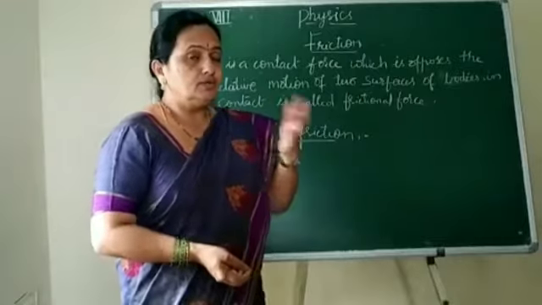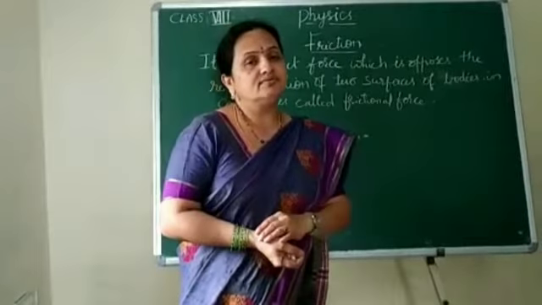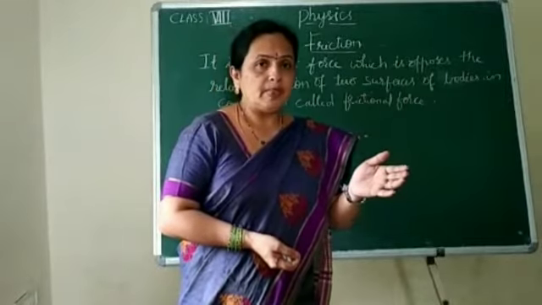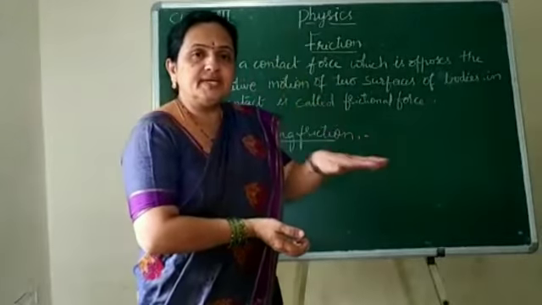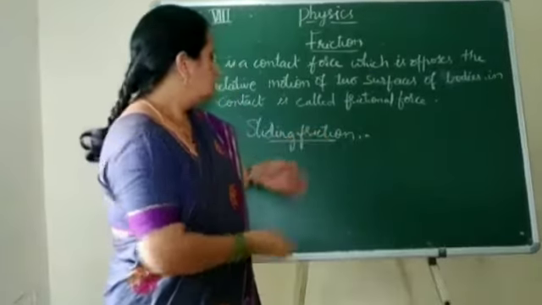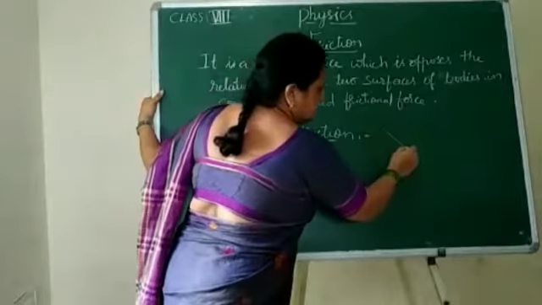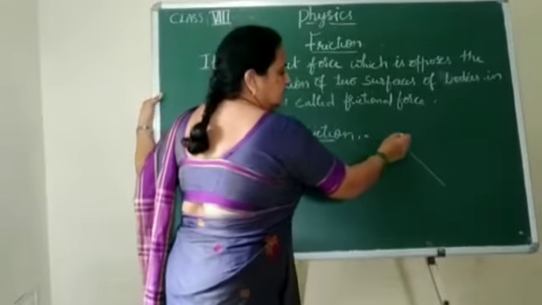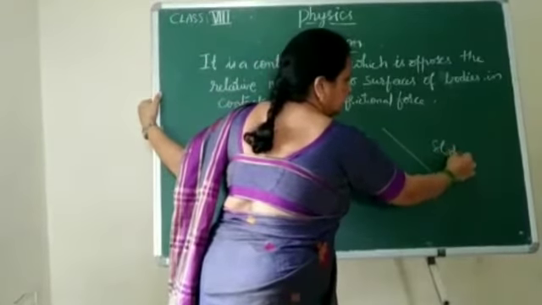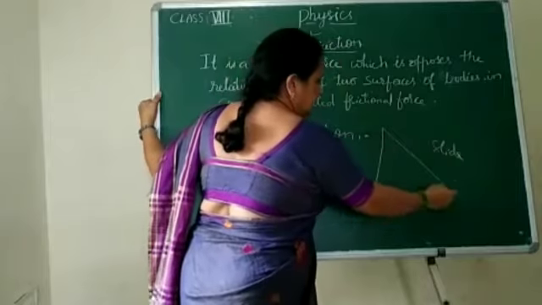Sliding means, you know that when you went to parks, there you find slides, where the children are playing. There is a slanting body. What is it? A slanting body. This is what we call a slide.